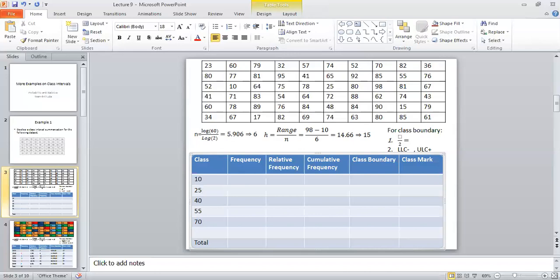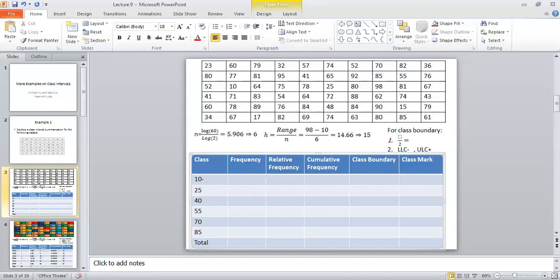And 70 plus 15, that is 85, becomes, in a similar fashion, the lower limit of our sixth and last class.